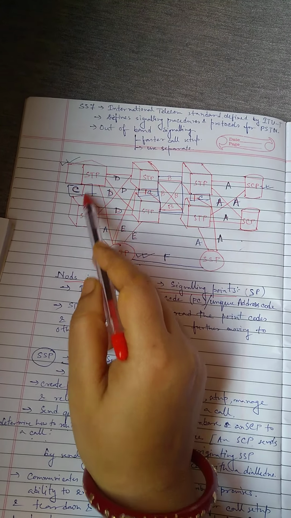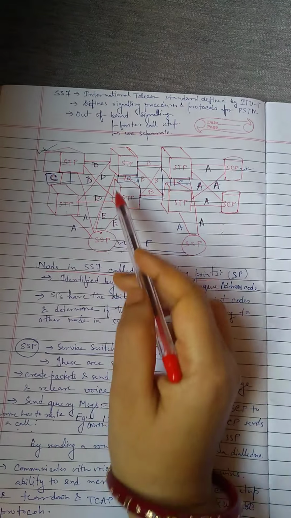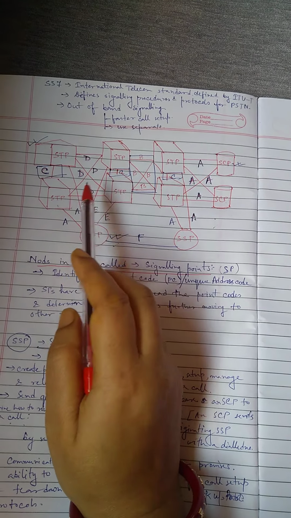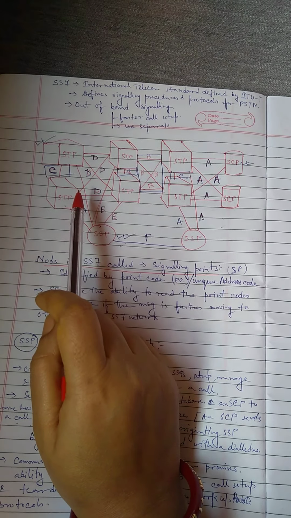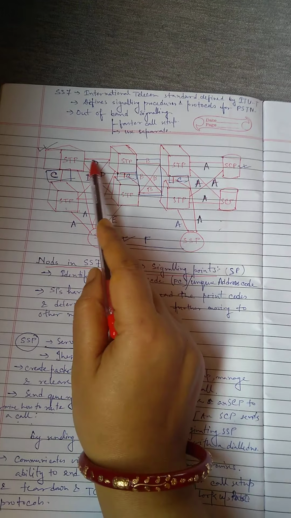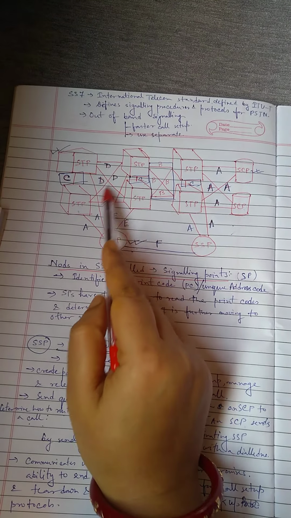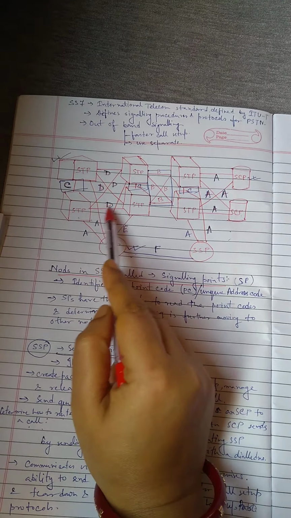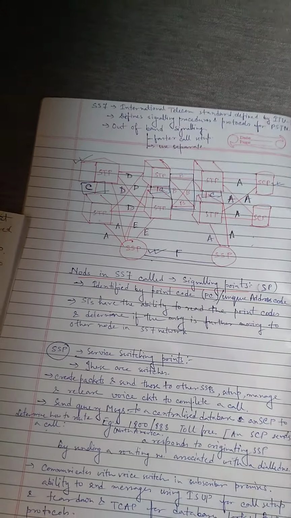Then the C link is connected between them. D link is a diagonal link. It connects the local and regional STP pair to the primary STP pair in a quad link, a quad D link manner.